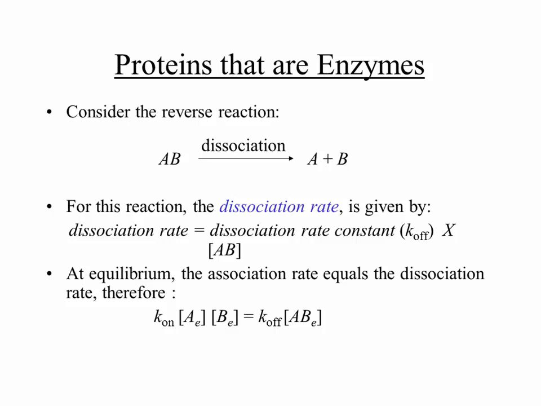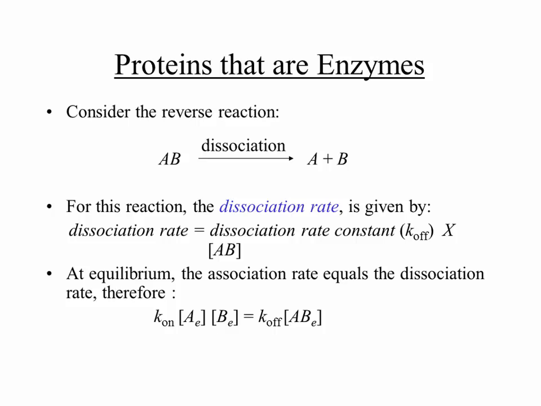Now, when the equilibrium is reached, the two rates have to be equal. As much of the reactants get converted into products as products are getting converted into reactants. So you would have K on times the equilibrium concentration of A multiplied by the equilibrium concentration of B equals K off multiplied by the equilibrium concentration of the product AB.